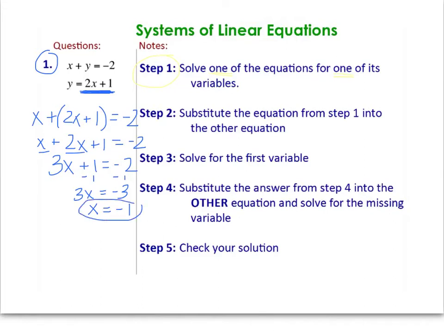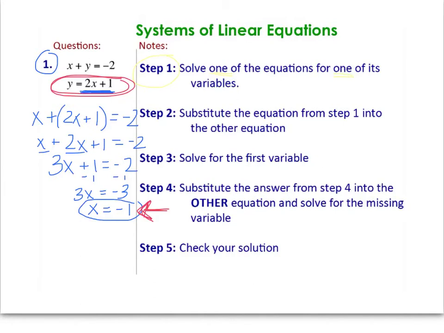Well, I just solved for one of my variables. That was step 3, solve for the first variable. I just solved for x. Well, step 4 says substitute this answer into the other equation. So the equation I didn't use is equation 2. So I'm going to plug negative 1 in for x in equation 2.